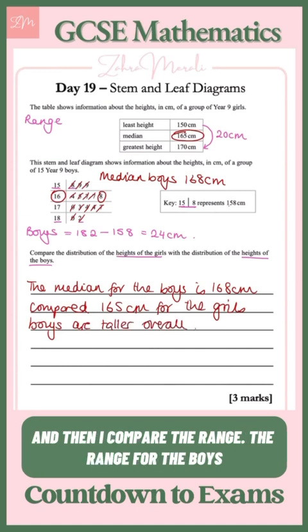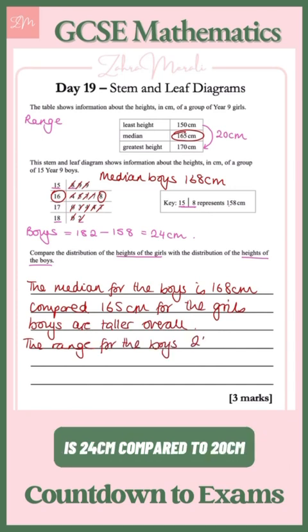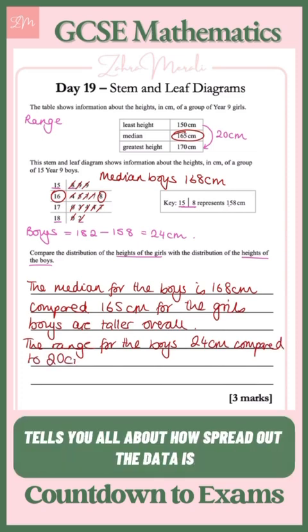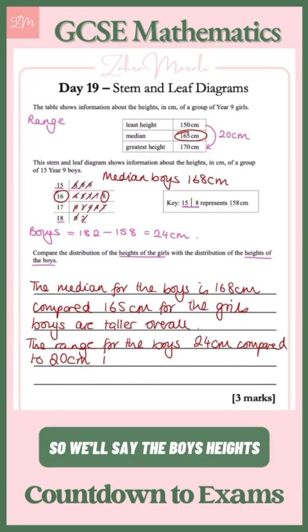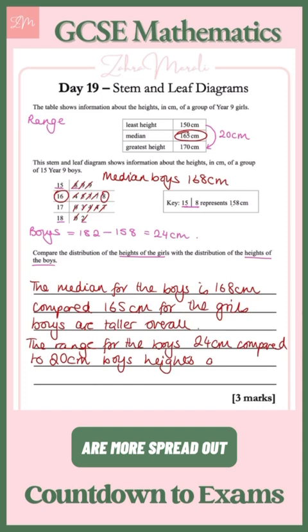And then I compare the range. The range for the boys is 24 centimeters compared to 20 centimeters. Now the range tells you all about how spread out the data is. So we'll say the boys' heights are more spread out.